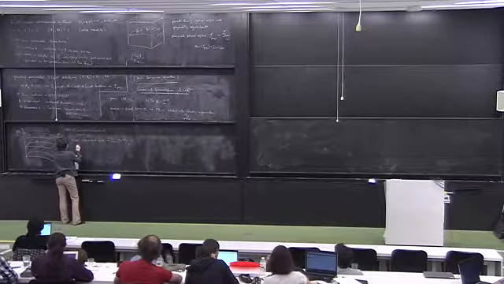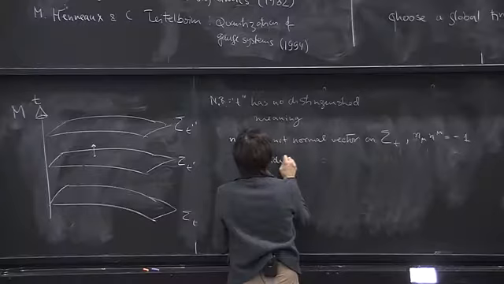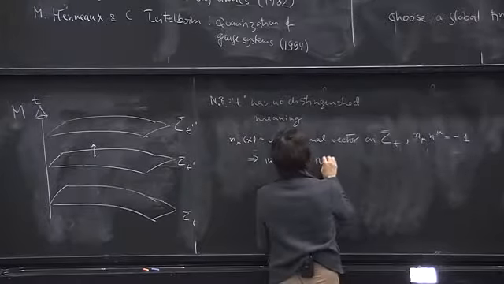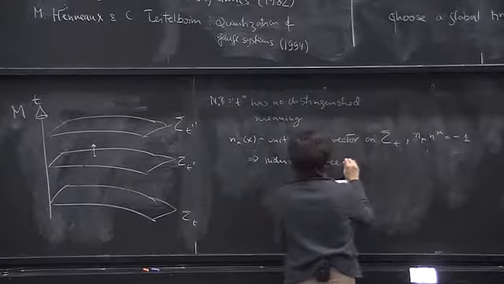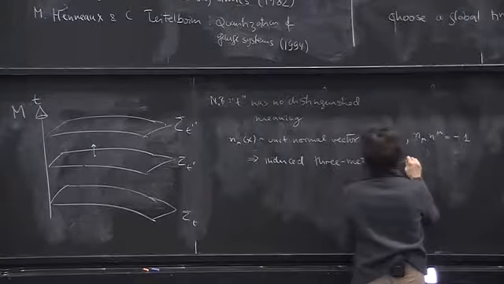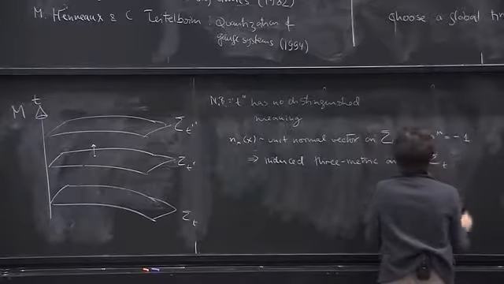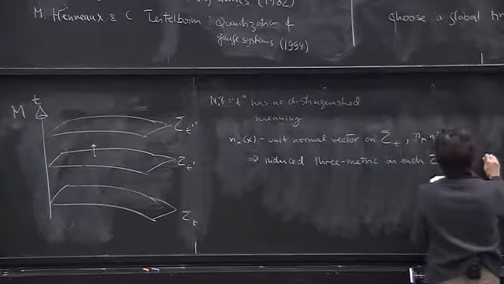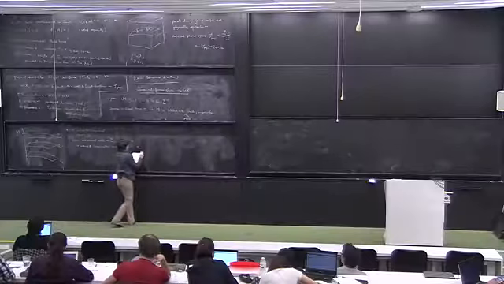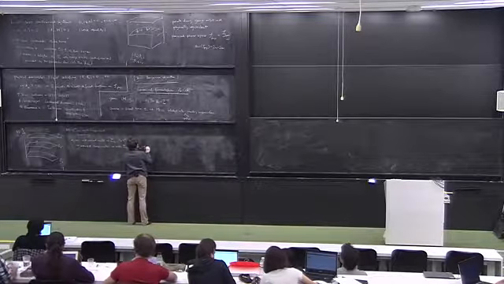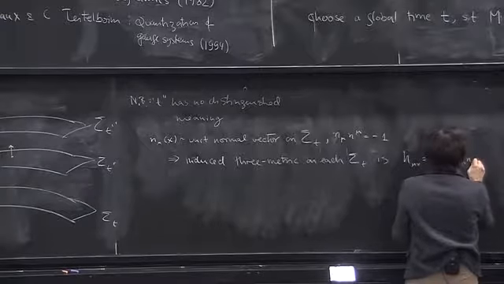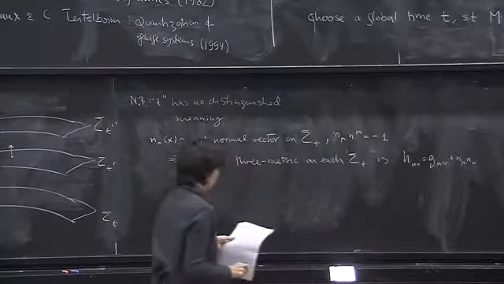And therefore, I can now write down what my induced positive definite 3-metric is on every slice. On each Σ_t it is h_{μν}, little h, equal to g_{μν} plus a term bilinear in this normal.